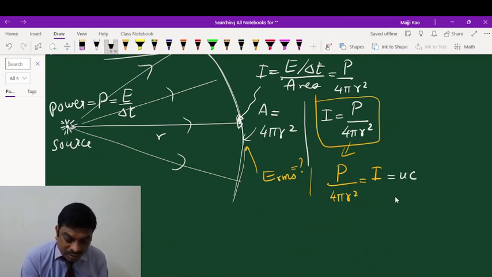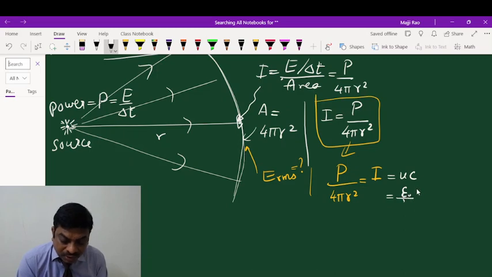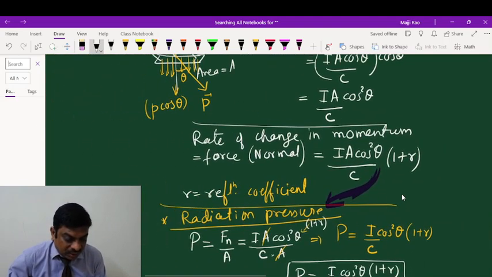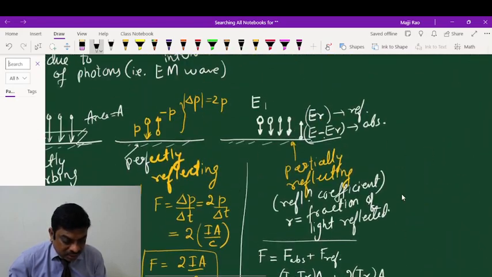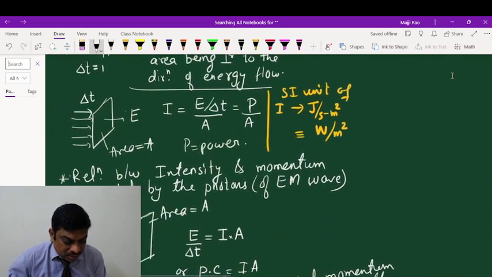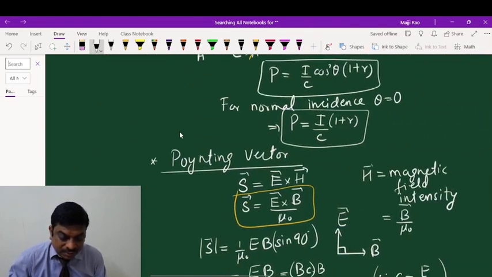But u is the energy density, and the total energy density is epsilon 0 into E RMS square. We had already seen this total energy density.